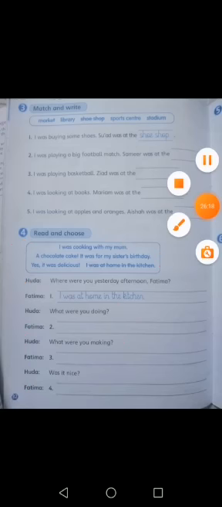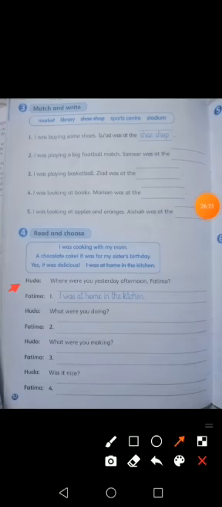Okay, student? So, the first one. Huda asked, where were you yesterday afternoon, Fatima? أين كنت البارحة مساء؟ Fatima answered, I was at home in the kitchen.